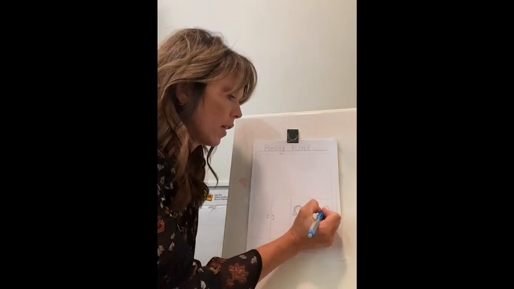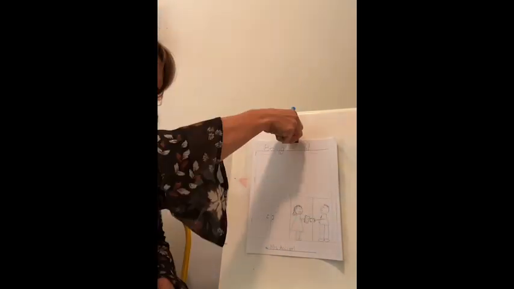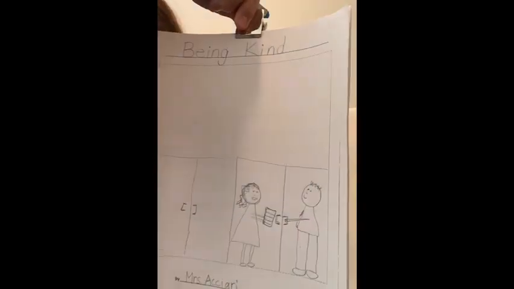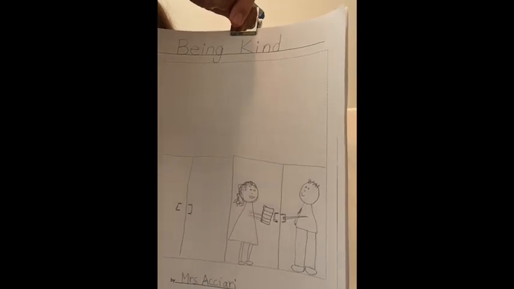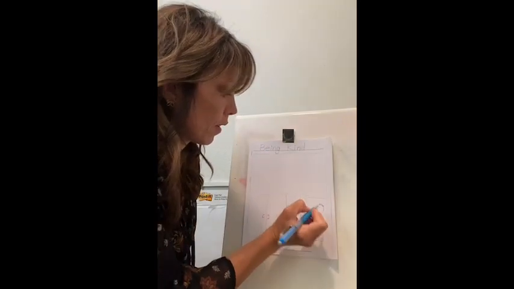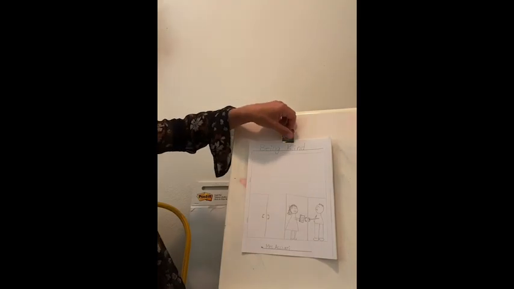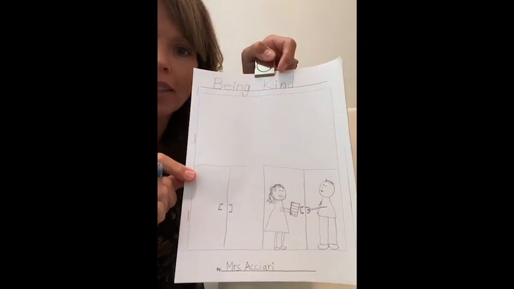And then of course he needs eyes and a mouth and some hair too, and a nose. Okay, so what do you guys think? How's that look for a picture on the front cover of somebody grabbing the door and holding it open for somebody? That's a way to show kindness, isn't it?